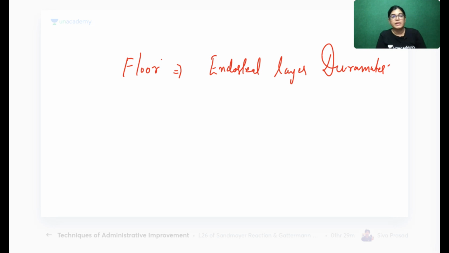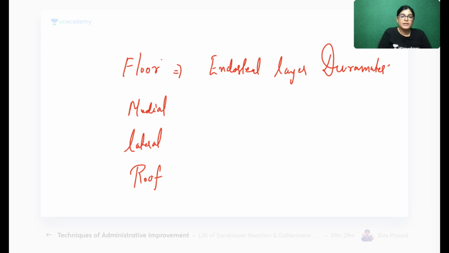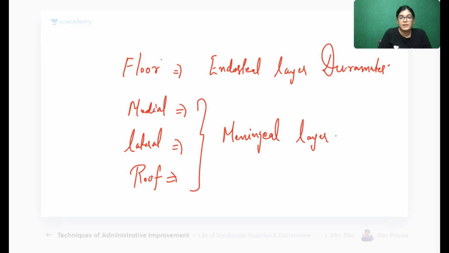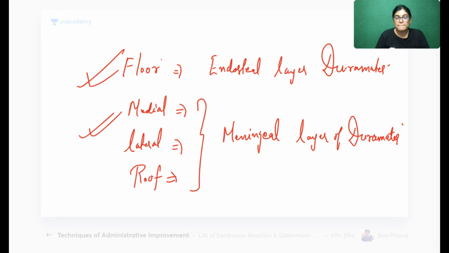The floor is formed by the endosteal layer of dura mater. And the medial wall, the lateral wall, and the roof, these three structures are formed by the meningeal layer of dura mater. Got it?